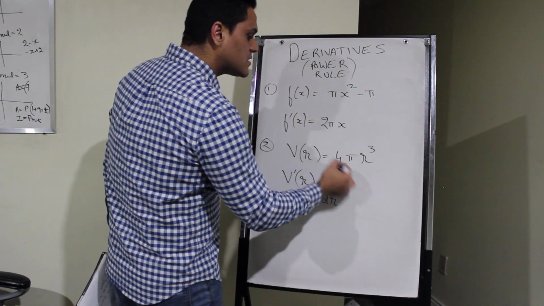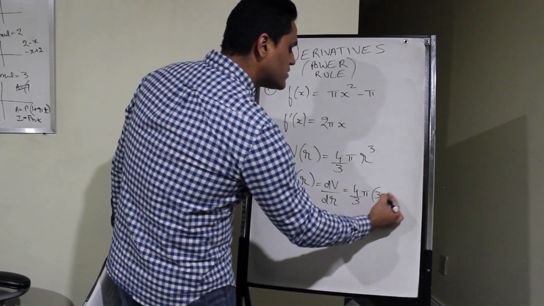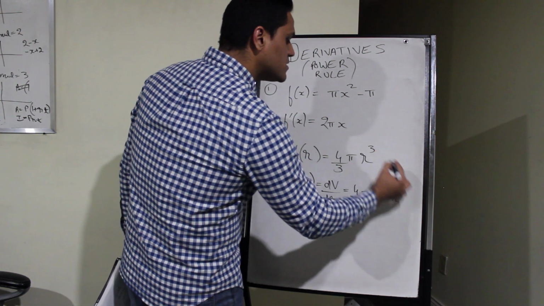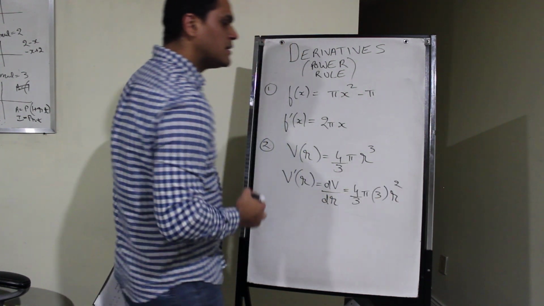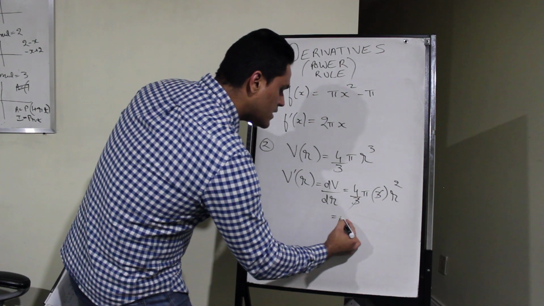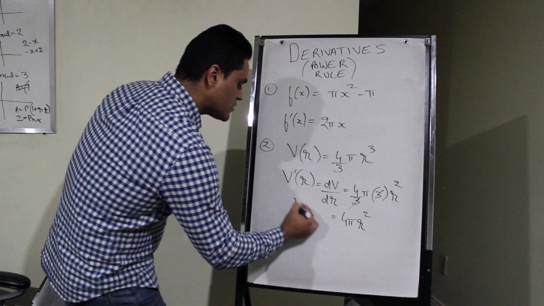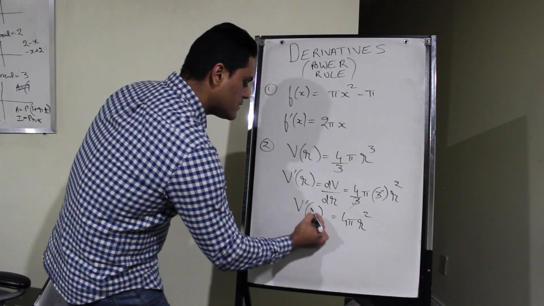Power times the constant in front, which is 4 over 3 pi, times the power, which is 3, and then you're going to reduce the power by 1, so it'll just be r squared. And now these 3's are going to cancel, and you're left with 4 pi r squared. That's your V prime, your derivative.